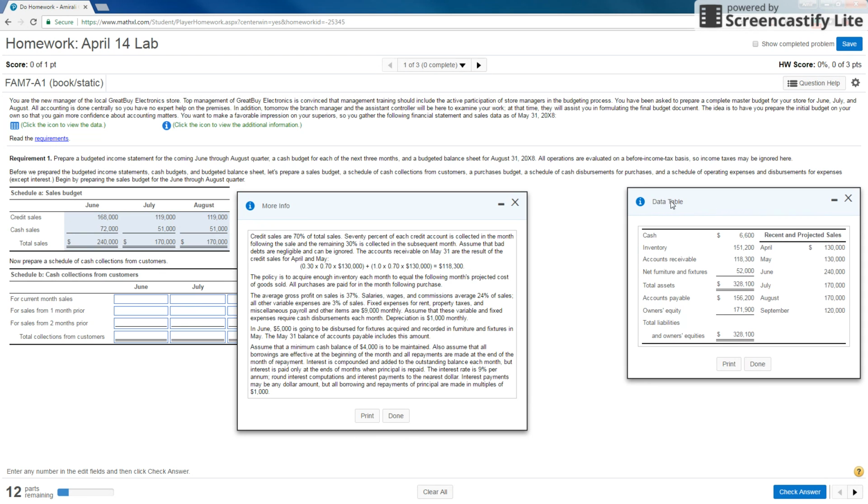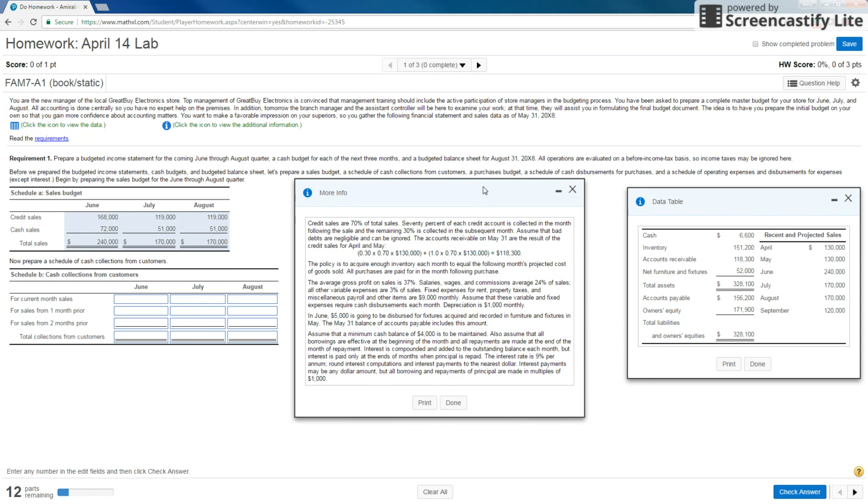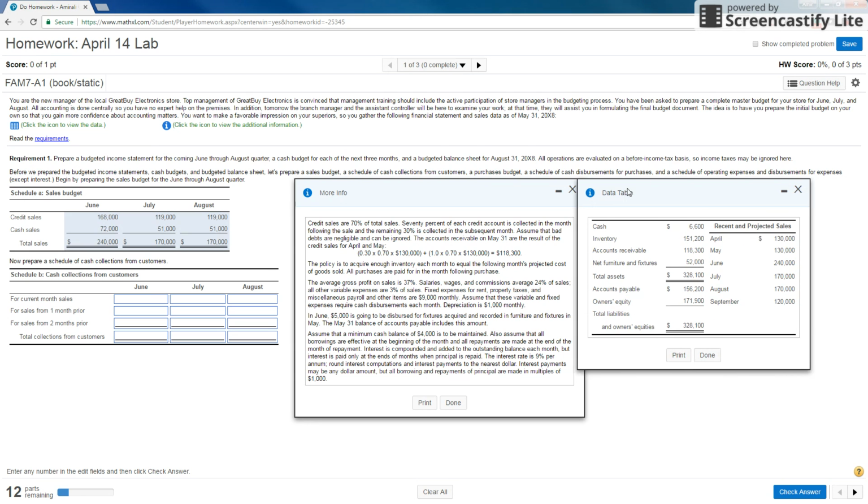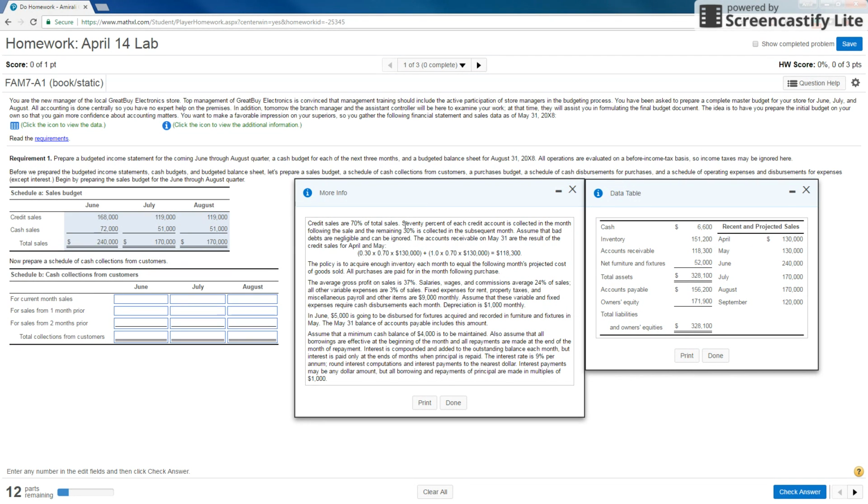Great. So for the next part, it's asking for the cash collection from the customers that we are anticipating. So for the month June, when it's saying that for the current month in June, we are only collecting the cash sales from the June sales.